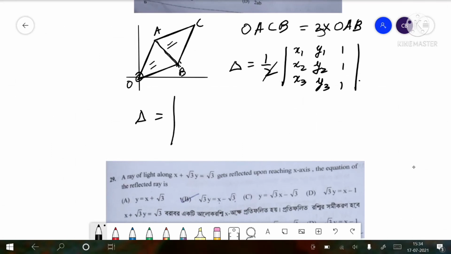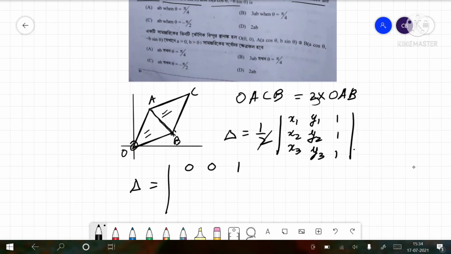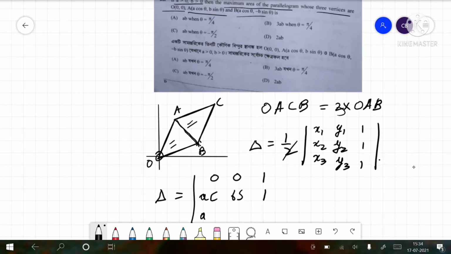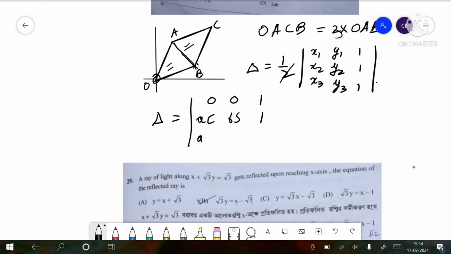Therefore delta comes out to be the determinant where x1, y1 are both 0, x2, y2 are given as A cos theta, B sin theta. I will write capital C for cos theta and capital S for sin theta. The next one is A cos theta minus B sin theta, 1. Since these are 0, only 1 times this determinant has to be taken.